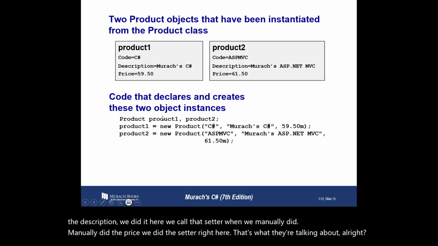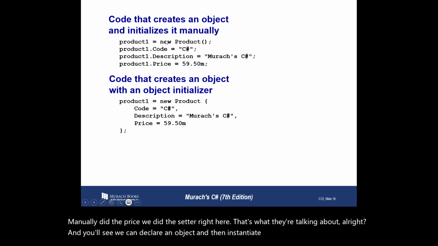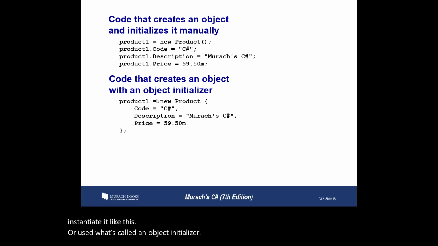And you'll see we can declare an object and then instantiate it like this, or declare it and instantiate it like this, or use what's called an object initializer. So again, there are multiple different ways that we can do this.